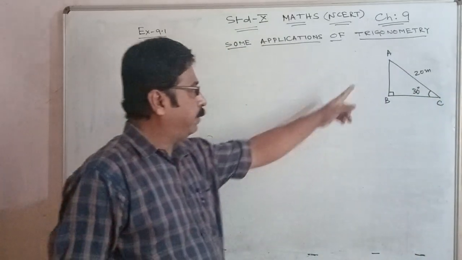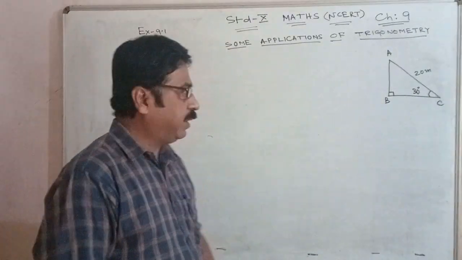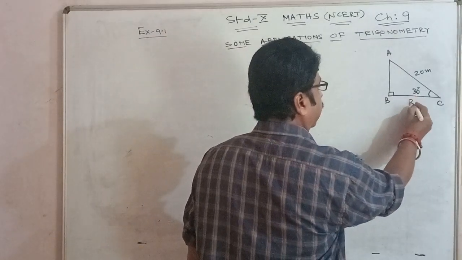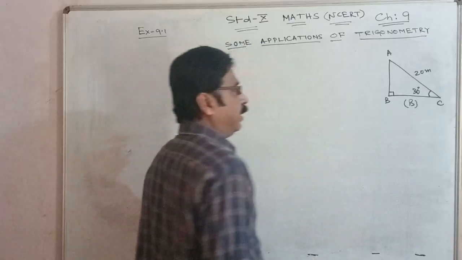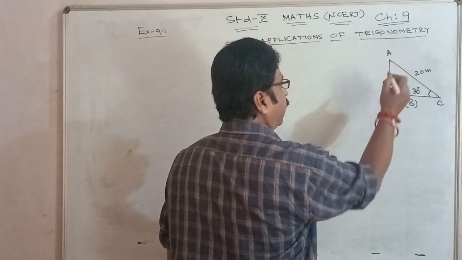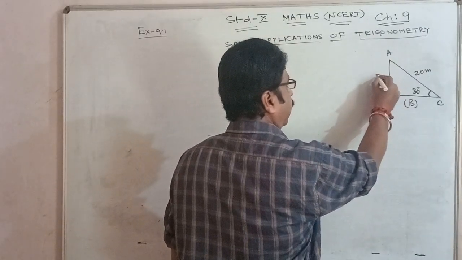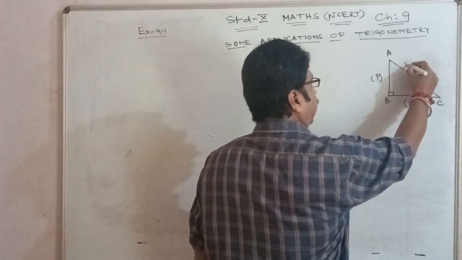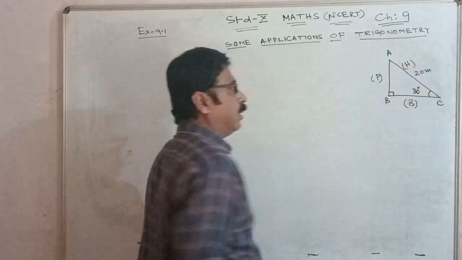For this triangle, BC is the adjacent side, this will be base, and AB will be the perpendicular, and AC is the hypotenuse.